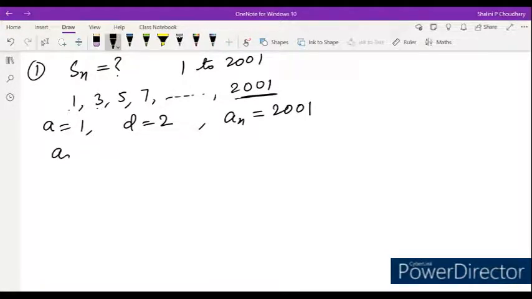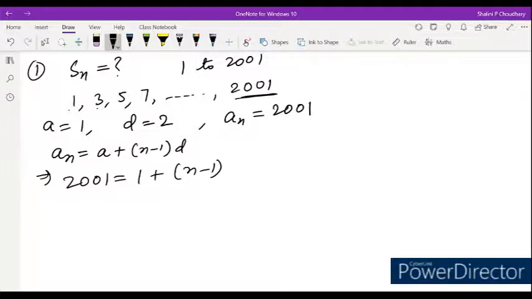So an is equal to a plus n minus 1 into d. Now the value of an we know, that is 2001, and a is equal to 1, n minus 1 into d. The value of d is 2. So it will be 1 plus 2n minus 2, that is equal to 2n minus 1.